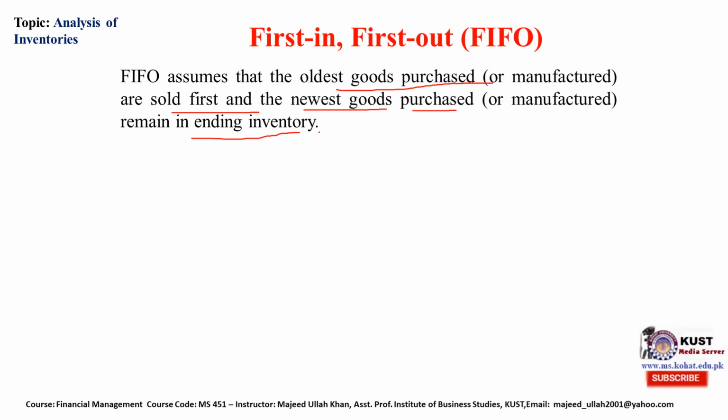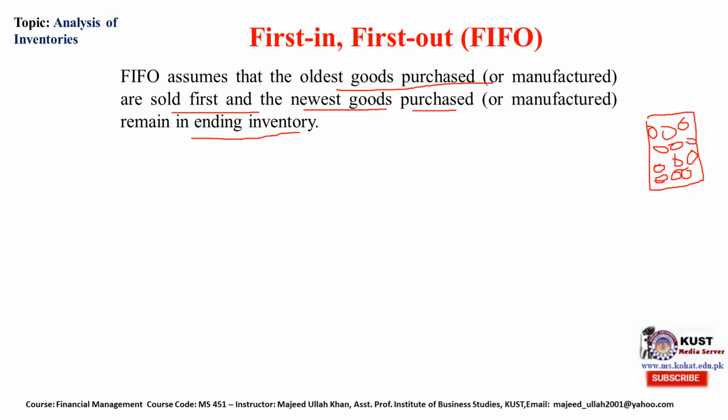And ending inventory. Means let's suppose this is your storage and these are your inventories. You purchase it first, in second row, this is third order, and this is fourth order, this is fifth. Now, first in means first out.